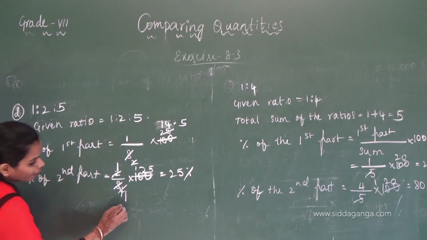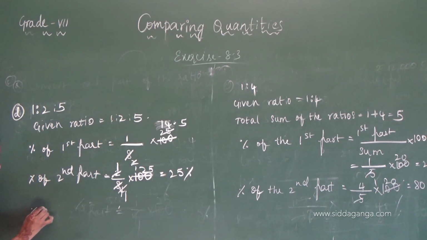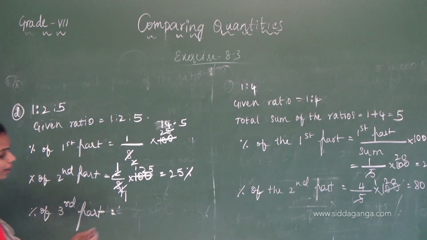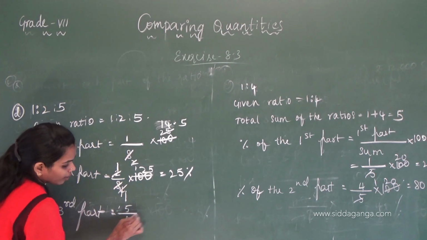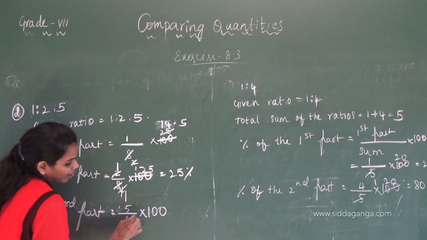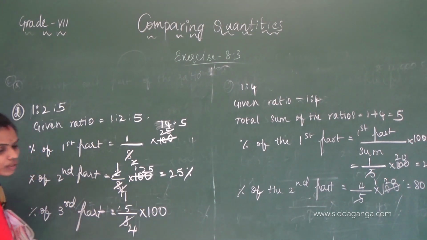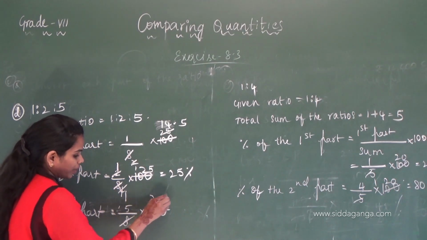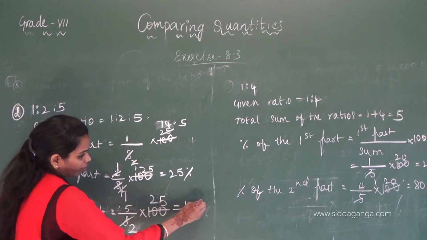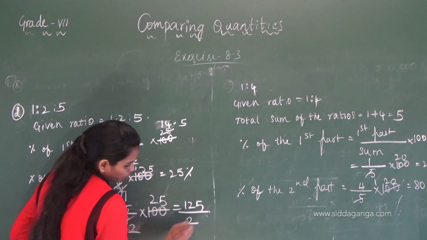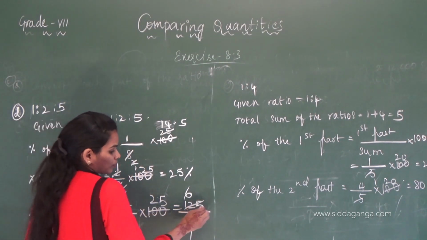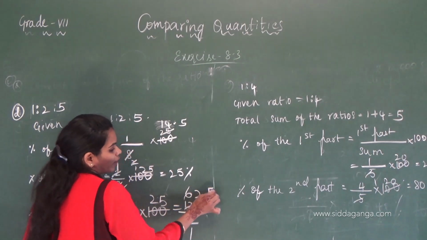And then the third part. Percentage of the third part. What is the third part? 5 by 8 into 100. 1s are 4s are 2s are 25s are 125 divided by 2, so 62.5.